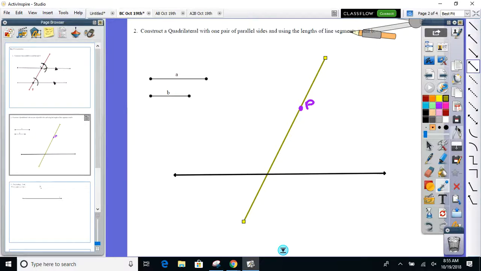Take your compass. Swing an arc through one of the angles, either on the right or to the left. Transfer it up to your point. Make sure it intersects the ray.